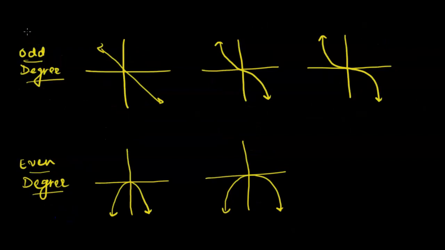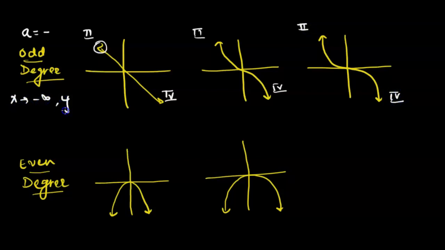And when it comes to a negative graphs in odd degree functions, the negative graphs lie from the second to the fourth quadrant. This is second to fourth quadrant. This is also second to fourth quadrant. So when x approaches negative infinity, y approaches positive infinity, and when x approaches positive infinity, that is the right side, y approaches negative infinity.